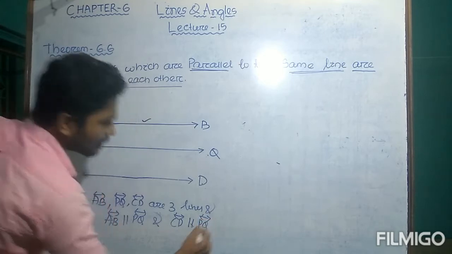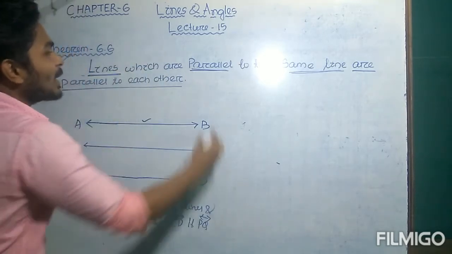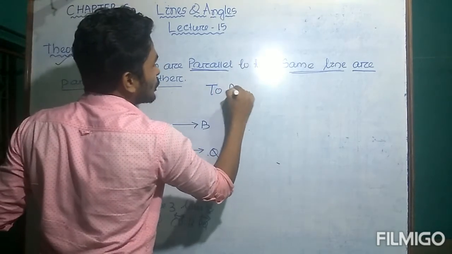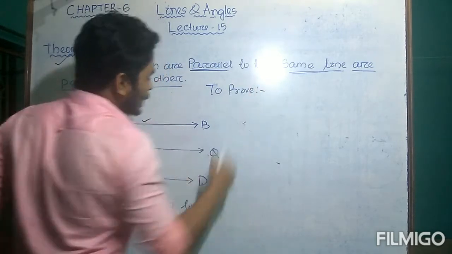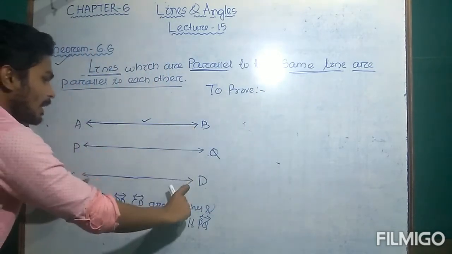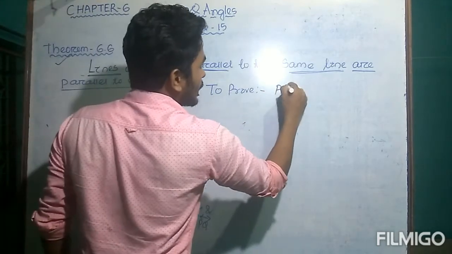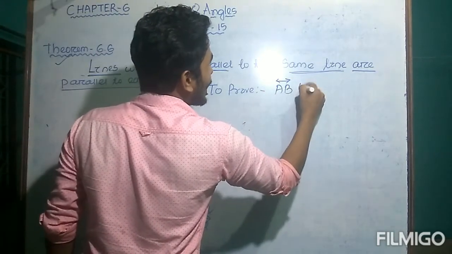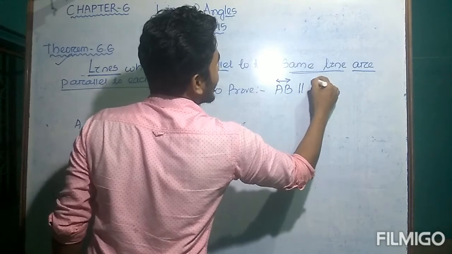This is given in the statement. Now what we need to prove? We have to prove that AB line is parallel to CD line.